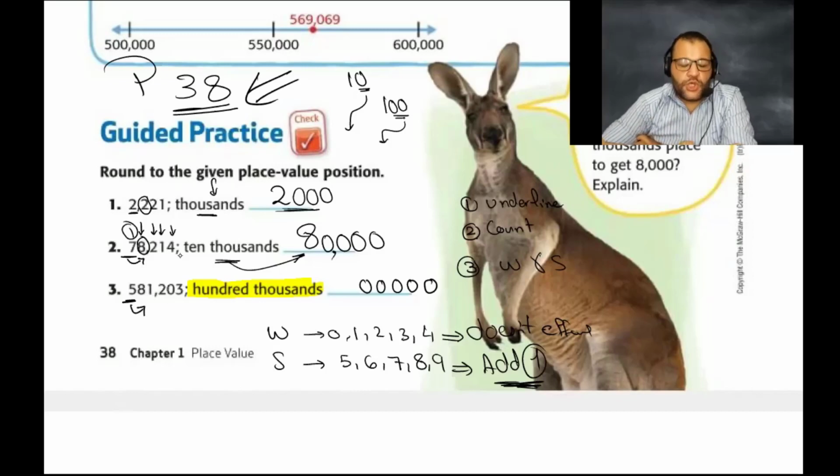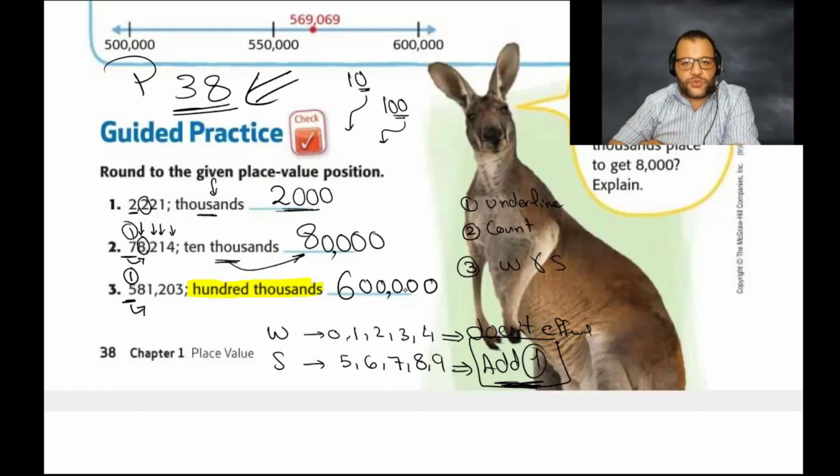Strong. What will happen if you find a strong number? You will add 1. So 1 plus 5 equals 6.